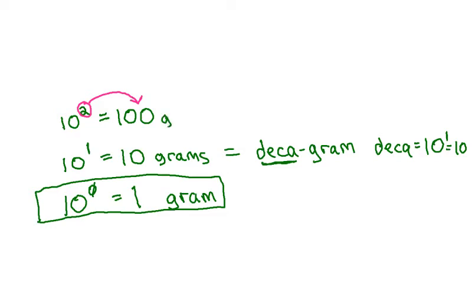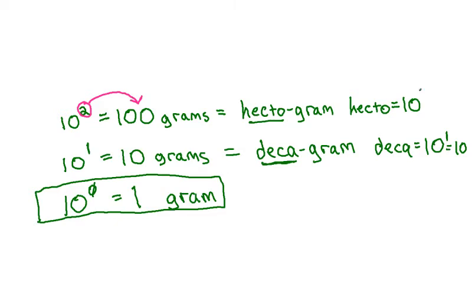So 100 grams is equal to a hectogram. So hecto is equal to 10 to the second power, or otherwise known as 100.